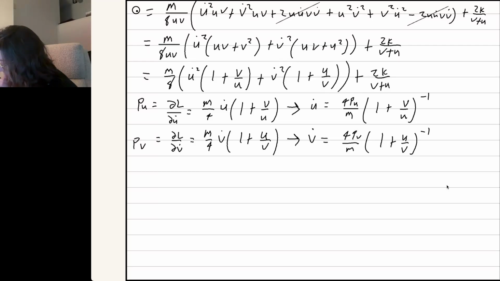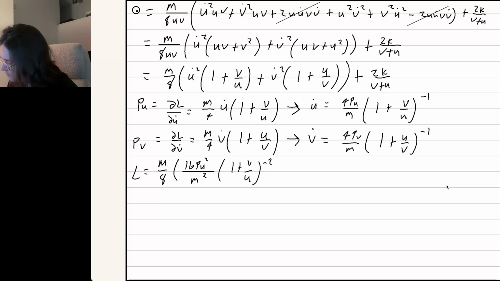And then plugging those into the Lagrangian, m over 8. On the inside, we'll have 16pu squared over m squared, 1 plus v over u to the minus 2 times 1 plus v over u to the positive 1.